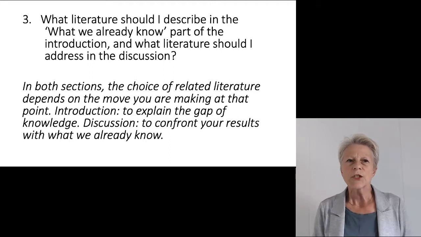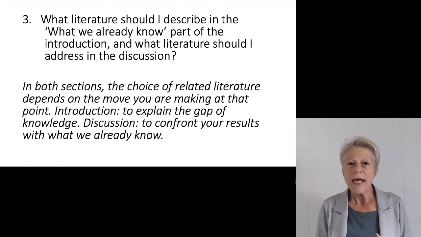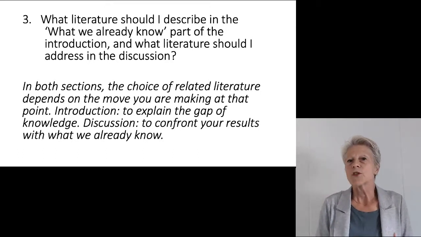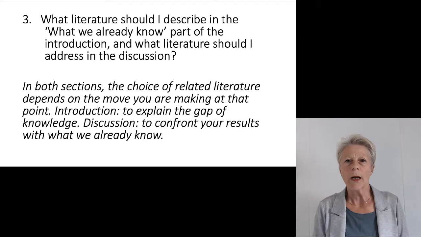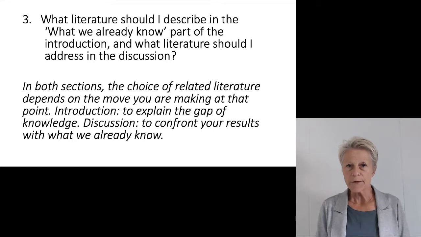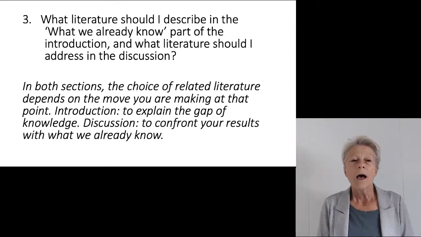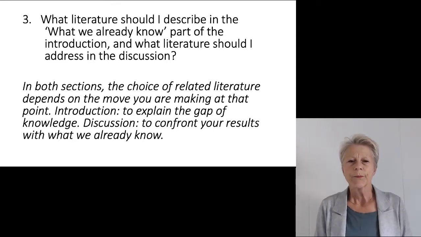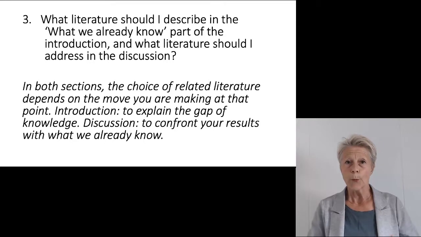So, in the introduction, you describe the state of the art because you want to make clear that there are missing links, or gaps, or some research was inadequate, or maybe there's a controversy. Maybe you want to stress that much has been achieved, summarize shortly, but there's still work to do, because you want to point at your gap. In other words, your report of what we already know supports the relevance of your research plan.